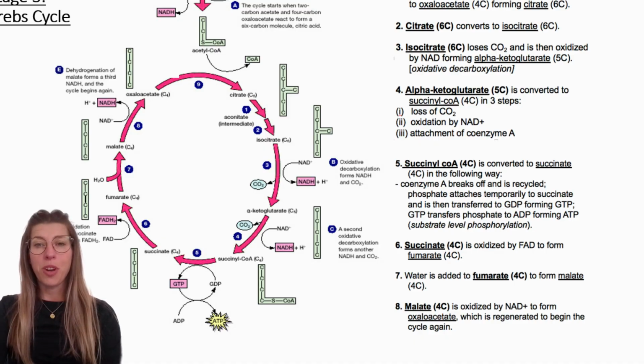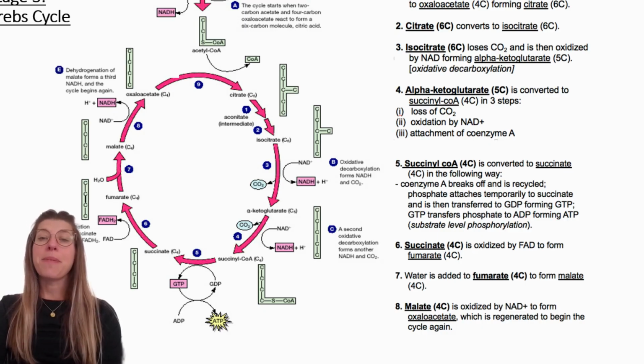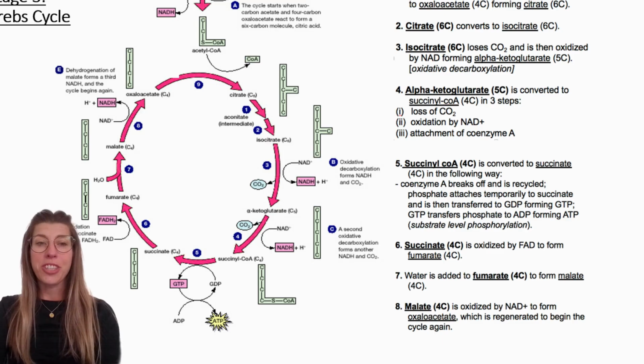So it's going to lose a carbon dioxide. We can see that, again, NAD is coming in. It's being oxidized. It's gaining an electron there again. And we also see the attachment of coenzyme A. Remember, we lost it off of acetyl-CoA at the very top there. It gets recycled and reused, and we see it coming back in here in step 4.